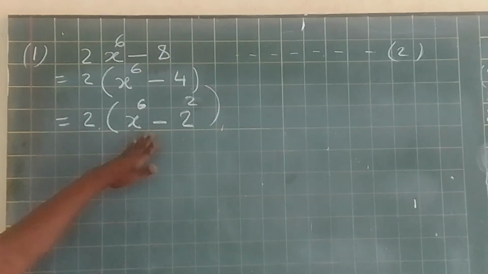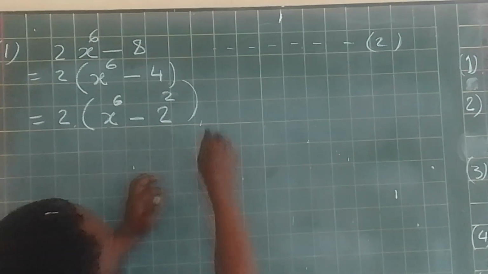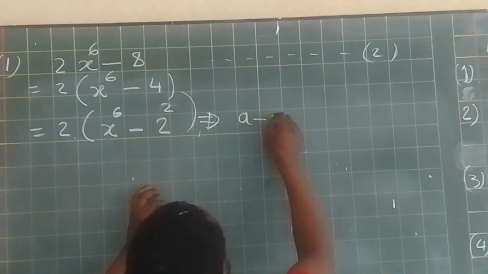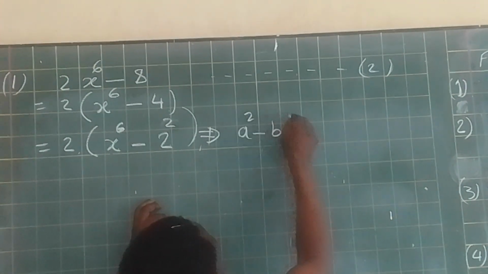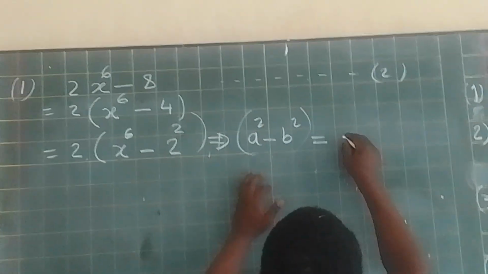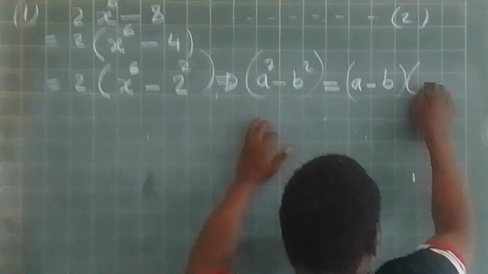If you check, this is a difference of 2 squares. You remember, when you have a difference of 2 squares, a squared minus b squared is equal to a minus b, a plus b.